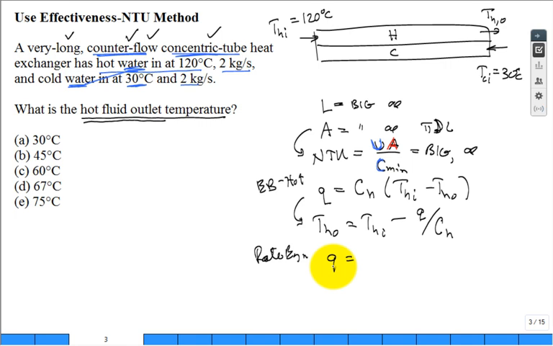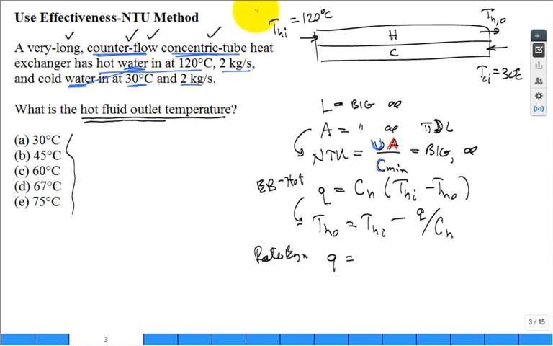That's where I'm going to pause, and I want you to pick up this solution and make some notes on your piece of paper, because we're going to play with this problem and revisit it and revise it for the next 10 or 15 or 20 or 30 minutes, okay? So this is where I want you to pick it up and see if you can deduce what the hot fluid outlet temperature is. All right, so I'll pick it up here for a minute or two.